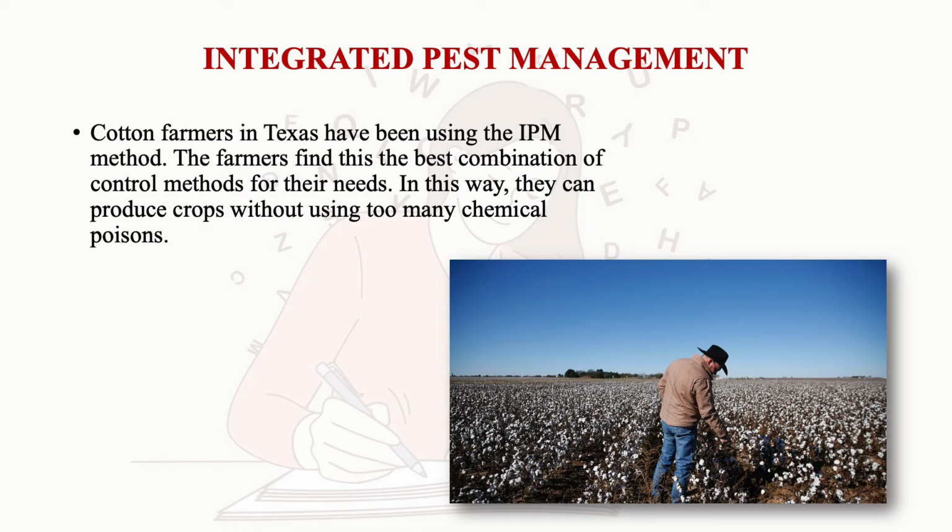Cotton farmers in Texas have been using the IPM method. The farmers find this the best combination of control methods for their needs. In this way, they can produce crops without using too many chemical poisons.